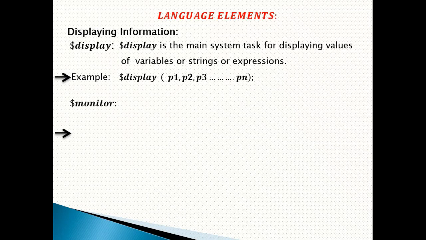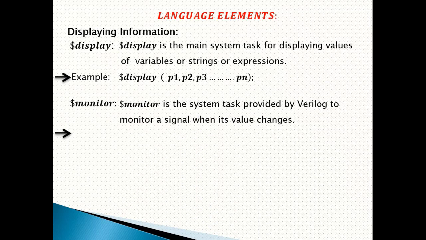Verilog provides a mechanism to monitor a signal when its value changes. $monitor is the system task provided by Verilog to monitor a signal when its value changes. For example, $monitor(P1, P2, P3, ..., Pn).